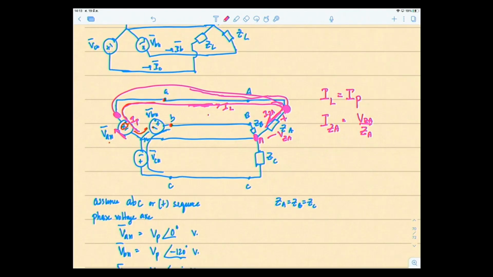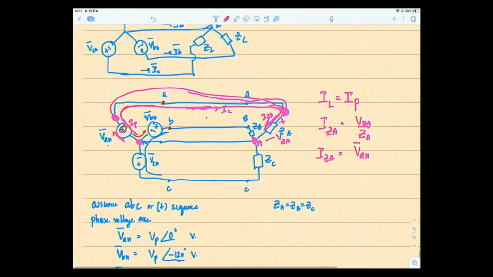So it's between this point and this point. So it's VAN. Therefore, IZA is equal to VAN, the phase voltage, divided by ZA.